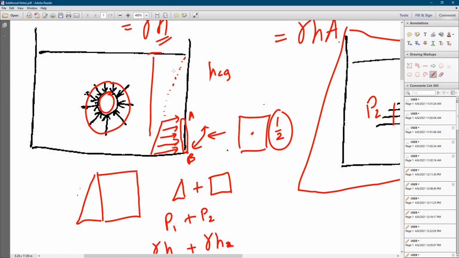H2 is actually from this point up until point A. Measure until point A, it is your H2.